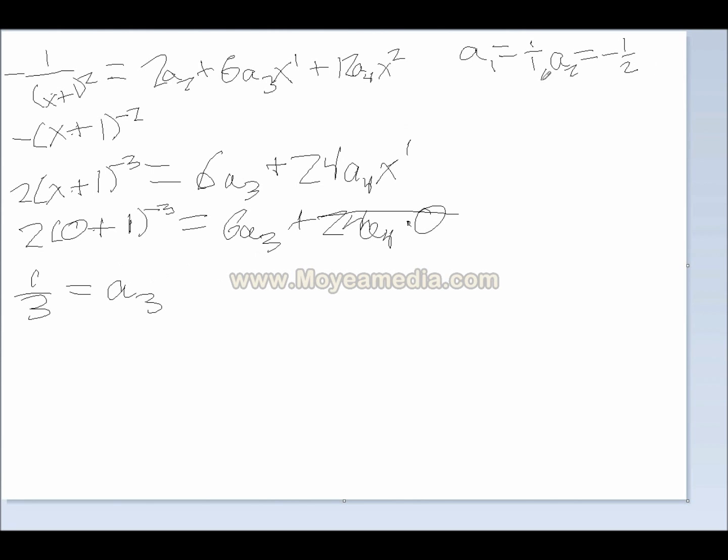Now let's look at what we have so far. A sub 1 is equal to 1 over 1. A sub 2 is equal to negative 1 over 2. A sub 3 is now equal to 1 over 3. Maybe we've developed a pattern. If this is a pattern, what should a sub 4 equal? I'll give you a minute to think about that.